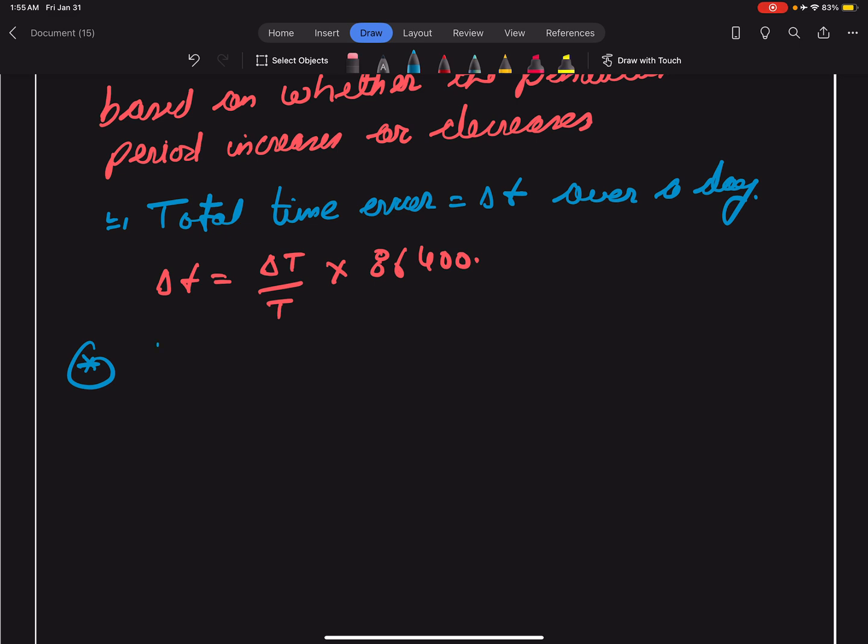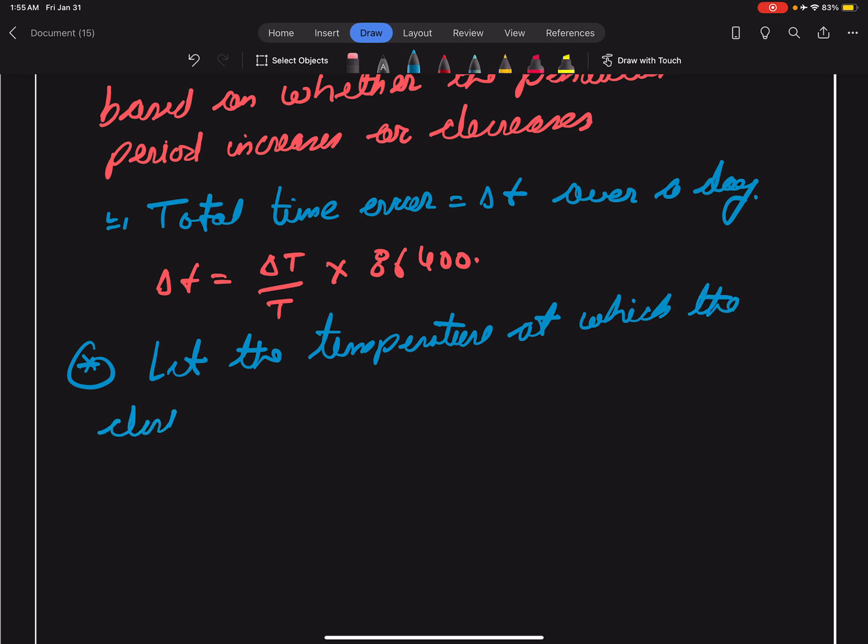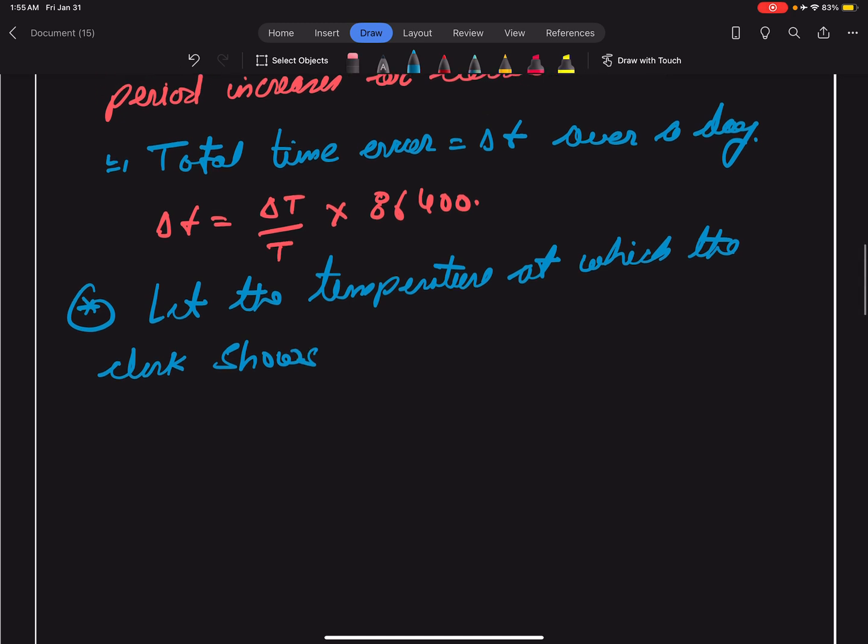So we say let the temperature at which the clock shows the correct time be T0.